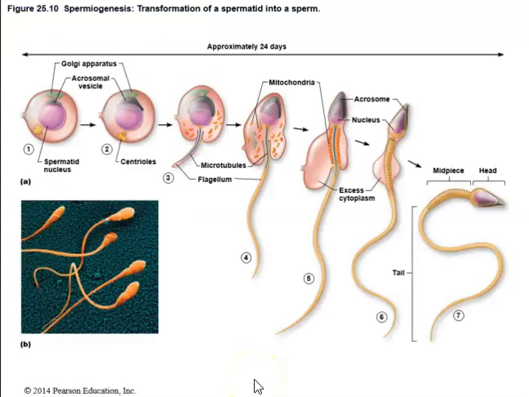So here we see spermiogenesis, the transformation of a spermatid into a sperm. So through the acrosomal reaction, we then have the shedding of the excess cytoplasm, and then we have what looks like the regular look of a sperm.